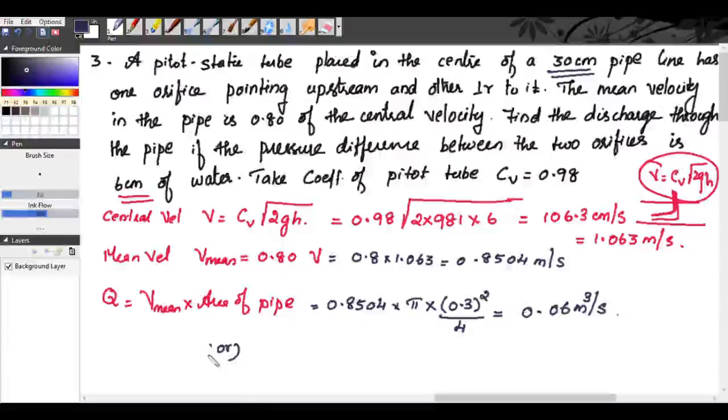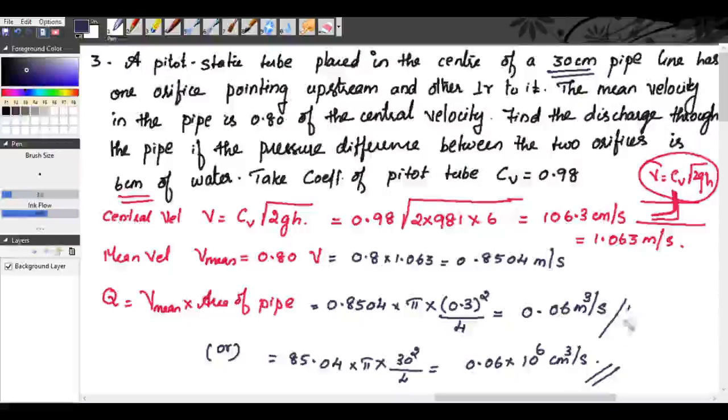Or we will convert this to centimeter. We get 85.04 into pi into 30 square by 4. We get 0.06 into 10 raised to 6 centimeter cube per second. This is without conversion of meter. This is in centimeter and this is in meter.